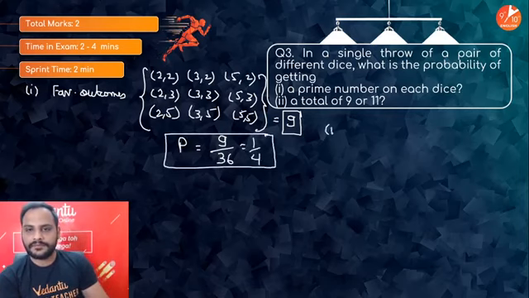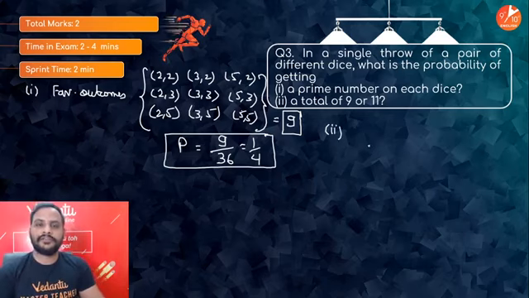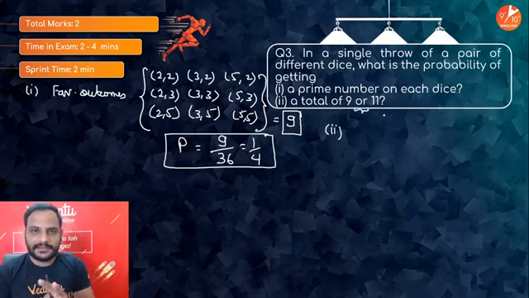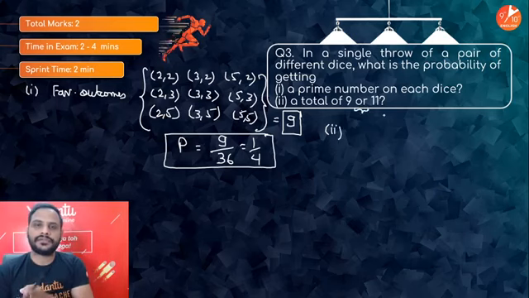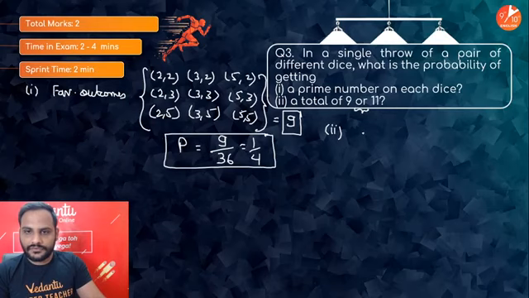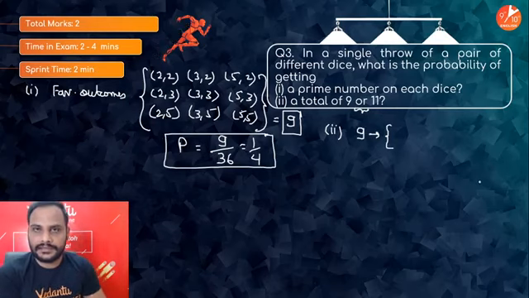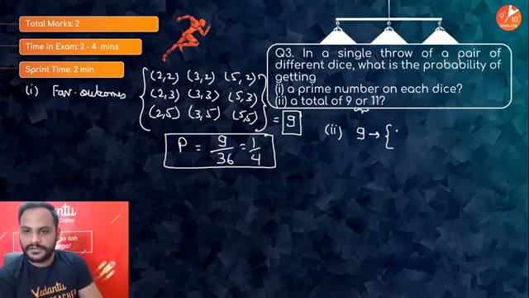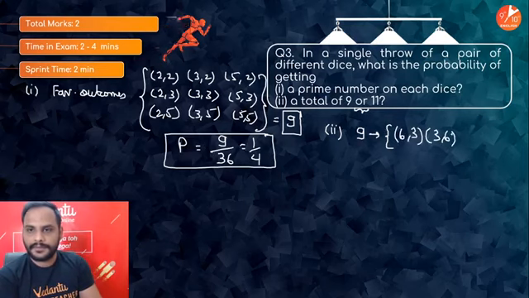Alright. Second part, a total of 9 or 11. That means if you are getting sum as 9, that is also accepted. If you are getting sum as 11, that is also accepted. So when do you get sum as 9? The sum as 9, we can get either 6,3 or 3,6, right?